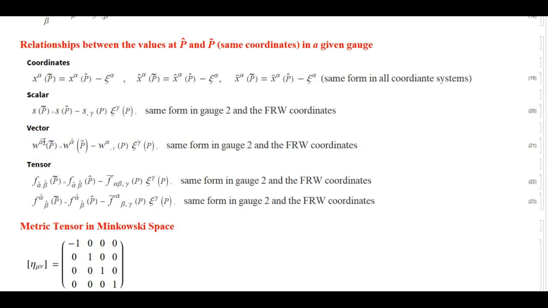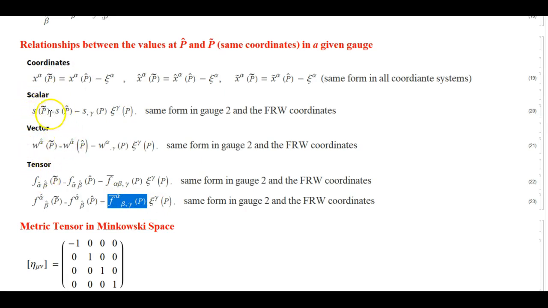Let us say we are in gauge 1. So in gauge 1, the value at p tilde is equal to the value at p caret minus the partial derivative of the background value with respect to gamma multiplied by xi gamma. All of these equations have the same form.